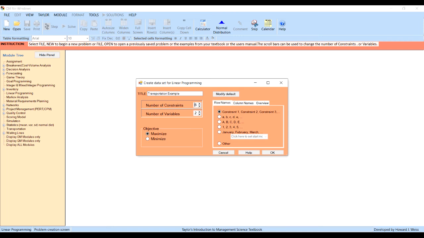And we'll build on that in the future as we move closer to real life examples. So we have 9 different variables. And the key here is we're trying to minimize, not maximize. It's very important to remember we're trying to minimize our costs. We hit OK, and we allow QM to formulate our table.